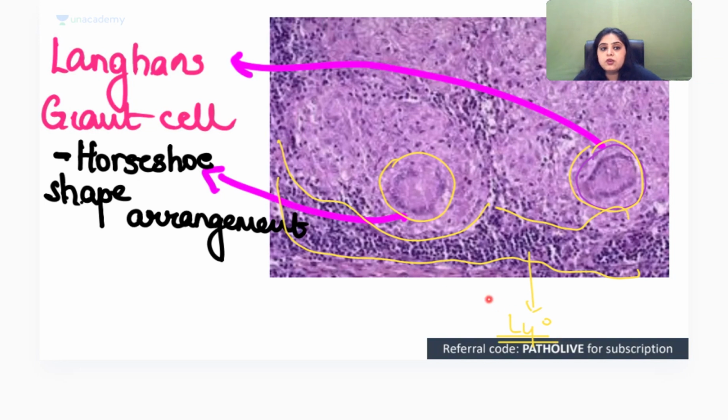Very good, lymphocytic collar. I want to ask you, what kind of lymphocytes are usually found in TB? TH1. So TH1 means CD4 type. Yes, TH1, that is CD4 type of T cells are what are noted, is what they ask you in the paper. Why?